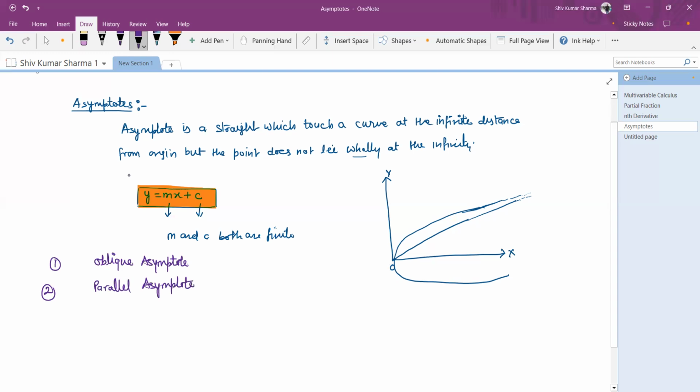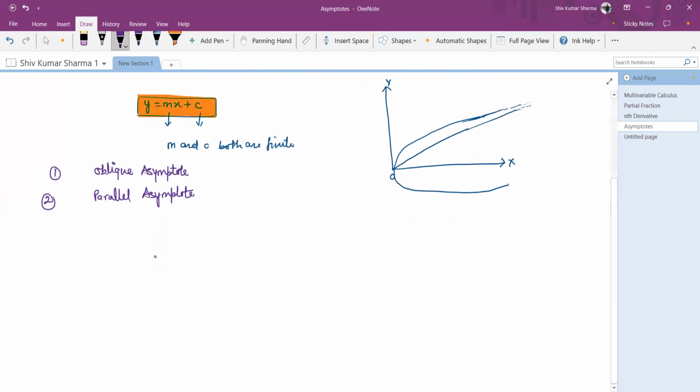For obtaining the parallel asymptotes, meaning asymptotes parallel to the x-axis or parallel to the y-axis, for parallel to the x-axis we put the highest coefficient of x equal to 0. If the highest coefficient is constant, we do not get a parallel asymptote to the x-axis. We will start with the first one, the oblique asymptote.